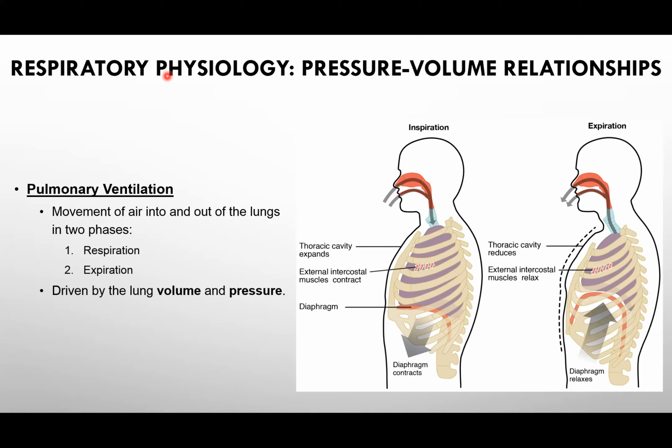We think of the respiratory system as performing what's called pulmonary ventilation. Pulmonary ventilation is just moving air in and out of the lungs, and it occurs in two phases. We have respiration, and respiration and inspiration are the same thing. So respiration, also known as inspiration.